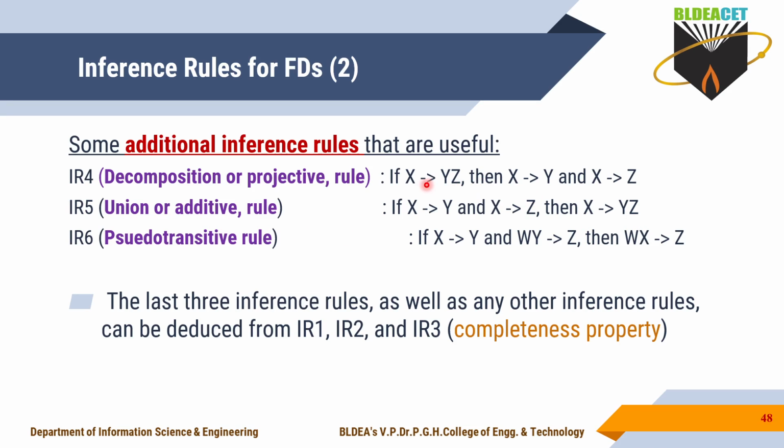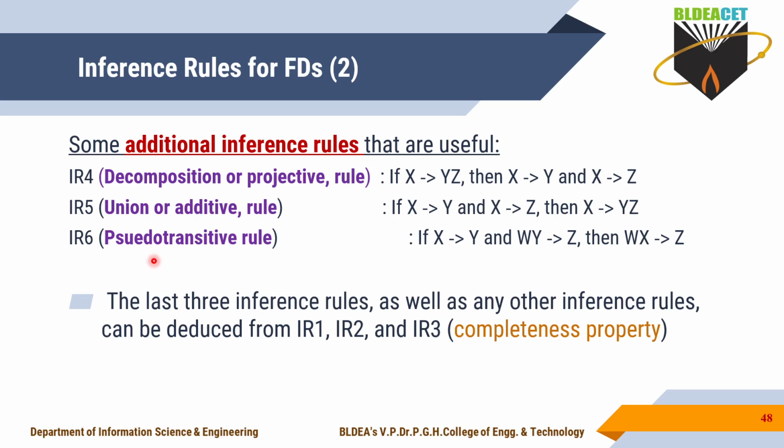Whereas if X determines YZ is given, then you can get it as two functional dependencies. Instead of taking this as a single functional dependency, you are decomposing it into two functional dependencies: X determines Y and X determines Z. So union, or additive, is the reverse of decomposition. If two functional dependencies are there, you can determine it like this, okay.